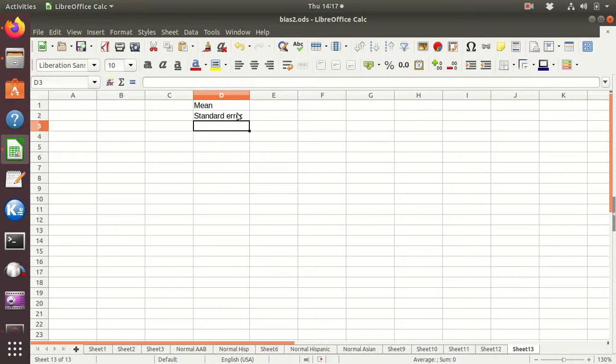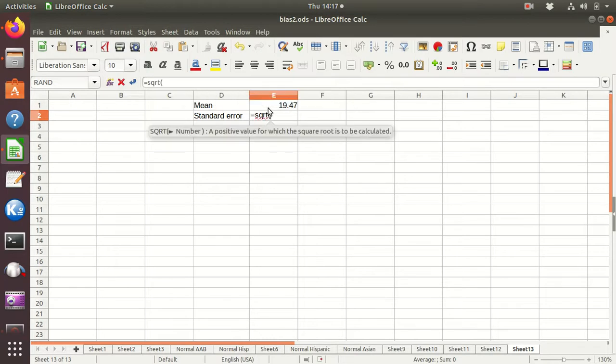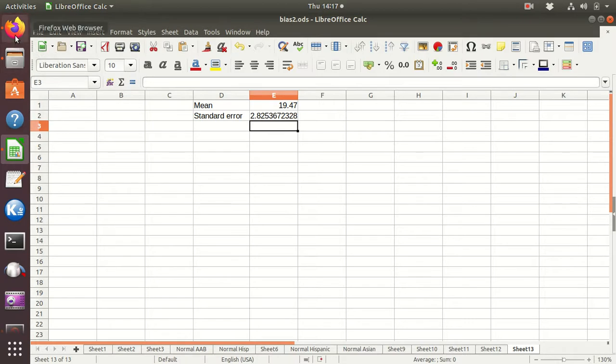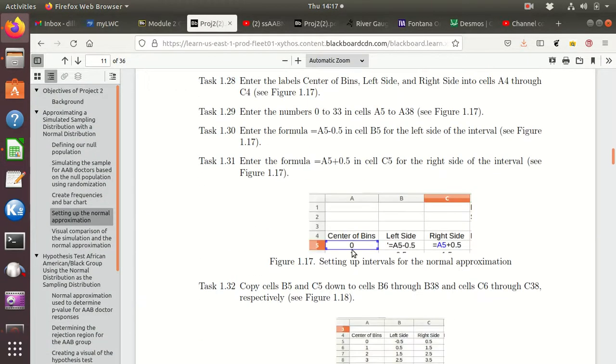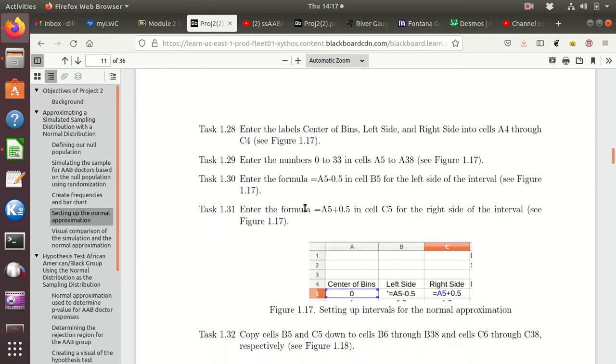So I can put that in: equals 33 times 0.59, and equals the square root of 33 times 0.59 times 0.41. Close that off, and hopefully that's what was showing here. And didn't show it.